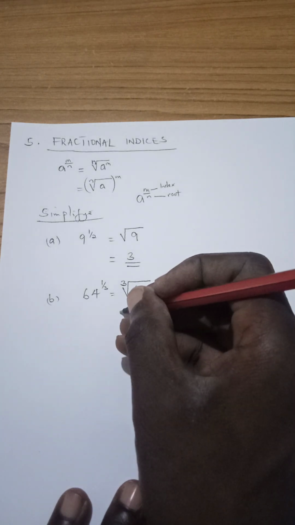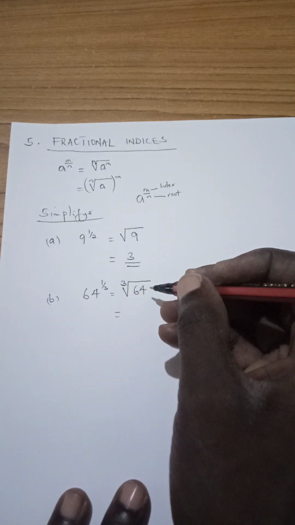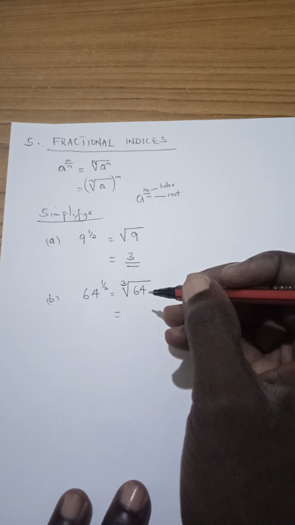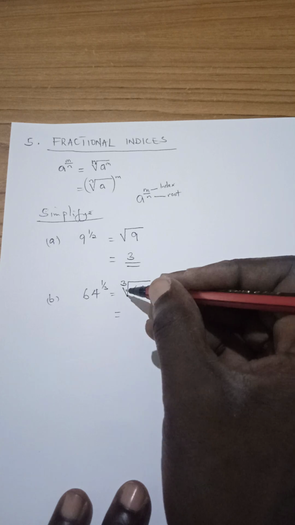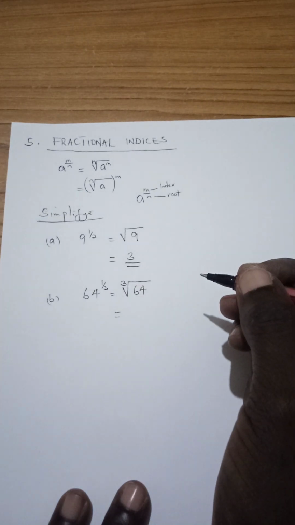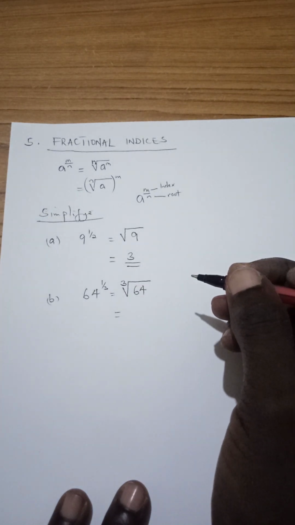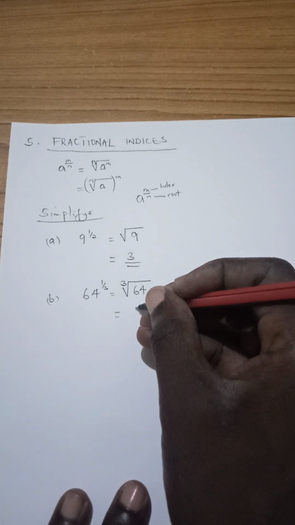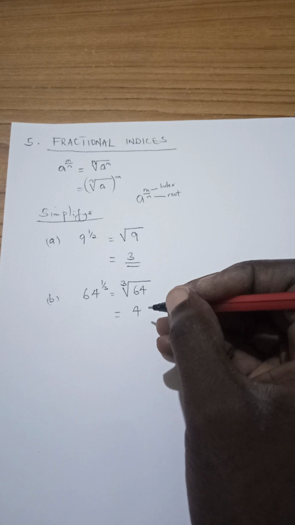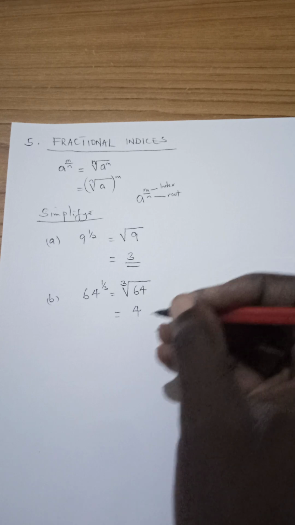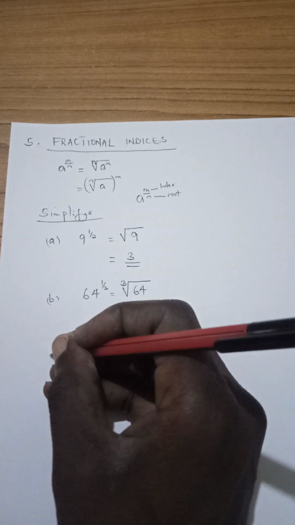And then if we evaluate this one, the cube root of 64, you think of a number that can be multiplied this number of times, meaning 3 times to get 64. And if you just think, that should be 4. So if we say 4 times 4, that is 16. 16 times 4 is 64. So that would be our answer.